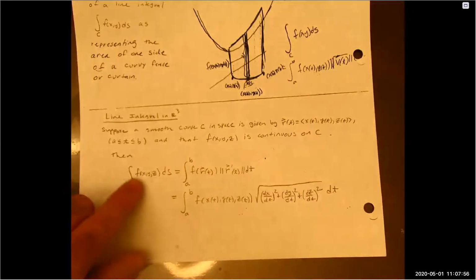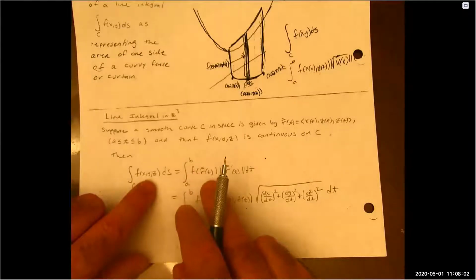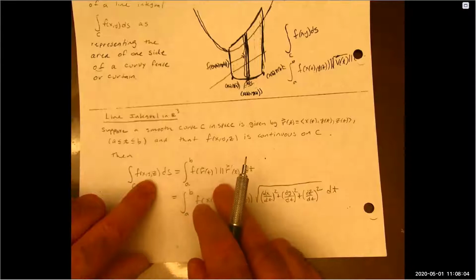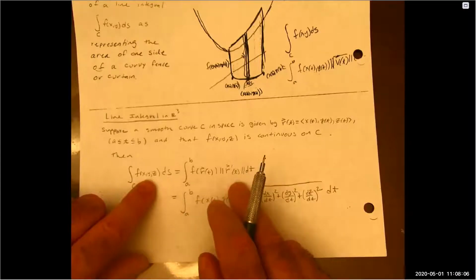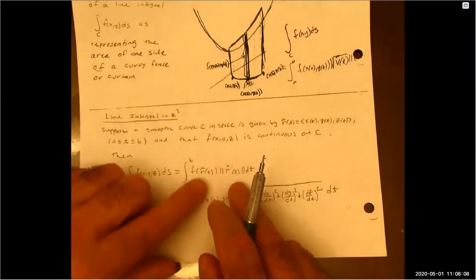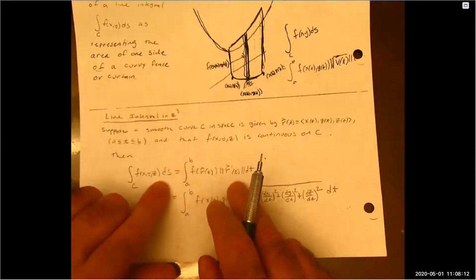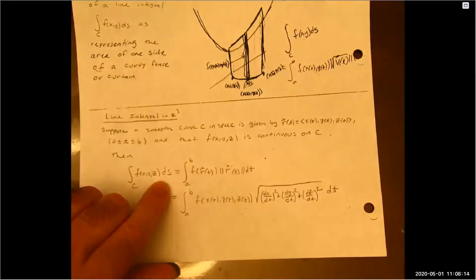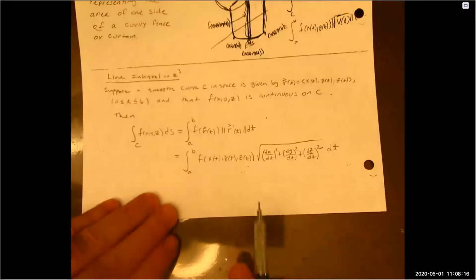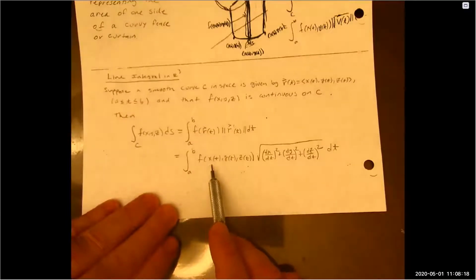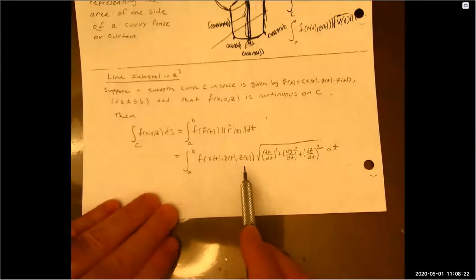So then similarly to the line integral in the plane, it's just going to be equal to f of r of t times the speed times dt. So ds is the same thing as the magnitude of v times dt. And in this case, f has three components, so we have f of x sub t, y sub t, z sub t.